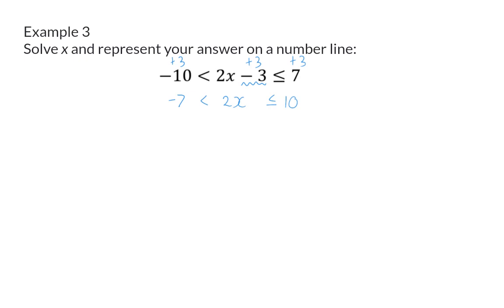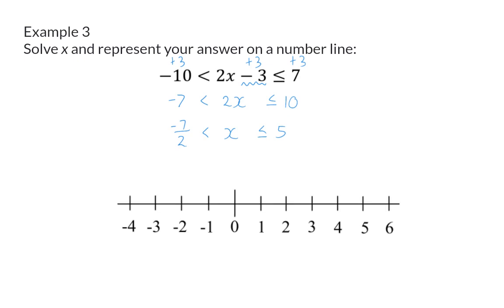Now we need to divide by 2. And again, this will be repeated everywhere. So we will have minus 7 over 2 is smaller than x, which is smaller or equal to 5. This is our final answer.